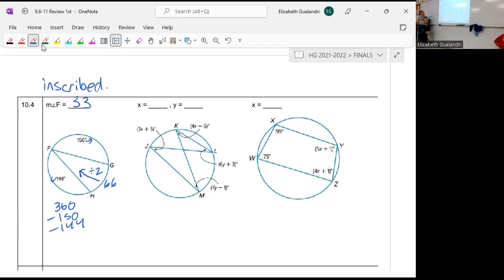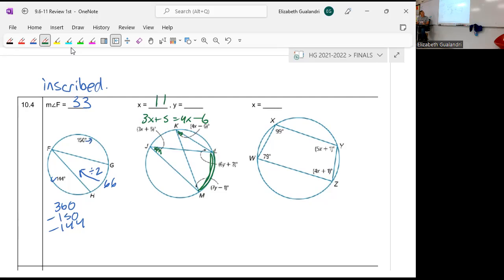In the second example, if you have multiple inscribed angles, there's a few things that you're going to look for. One of them is, do they open up to the same intersection arc? And so this is what this one does. This angle K and this angle J both open up to arc LM. No, I do not know how long arc LM is, but I know that an inscribed angle off of it is half of its measure, which means that if both of them are the same, they're both equal. So in this one, I can set 3x plus 5 equal to 4x minus 6.